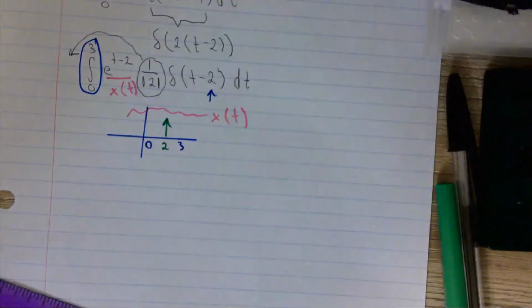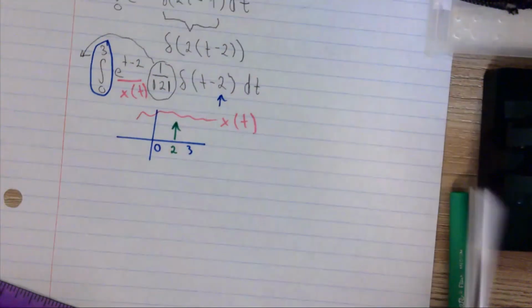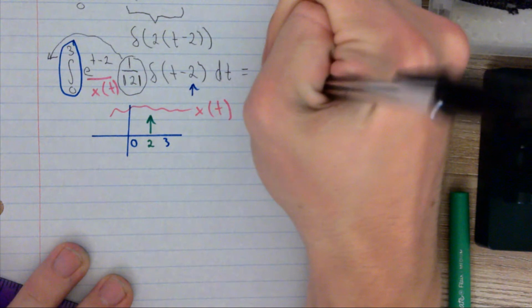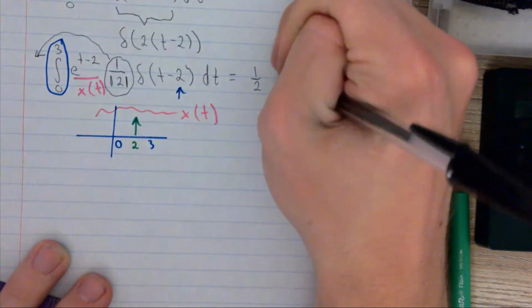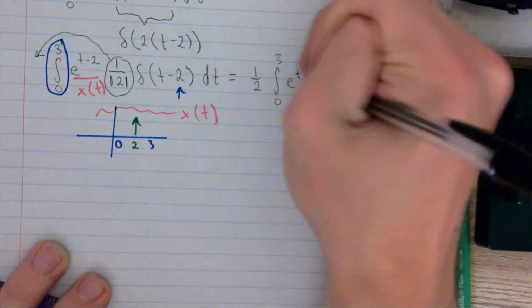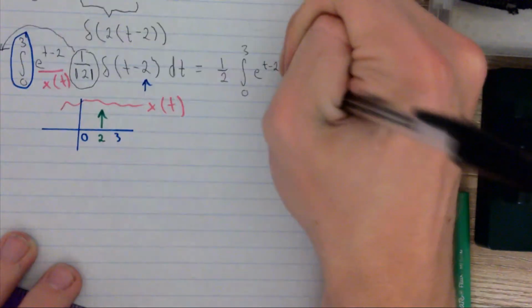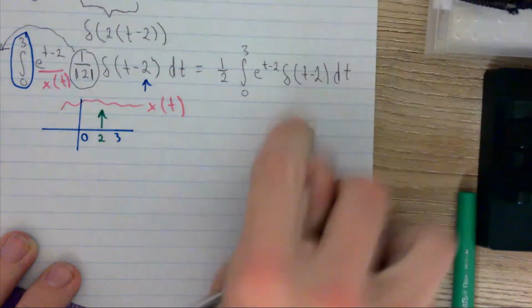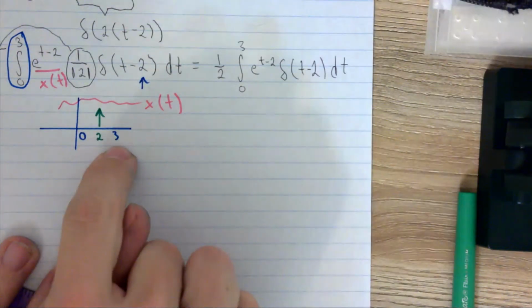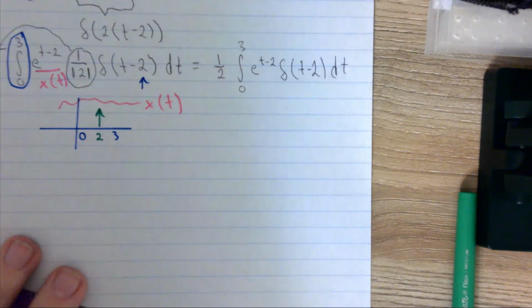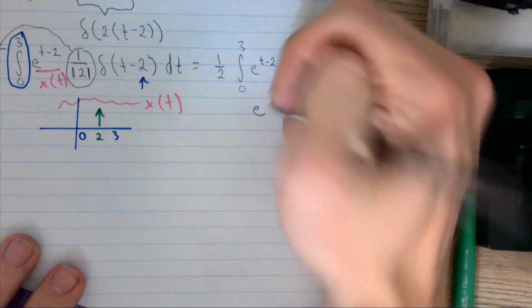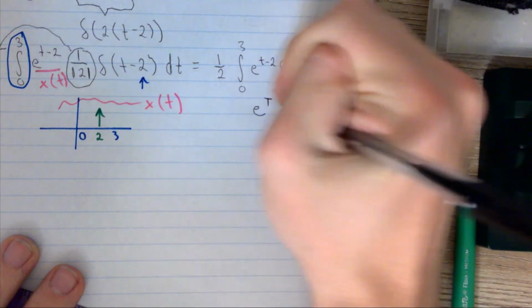sifting property that this is going to be equal to 1/2, and then let me just rewrite this, 0 to 3, e to the t minus 2, then delta t minus 2 dt. And since our unit impulse did occur between our bounds, according to the sifting property, this function will occur at that one point.